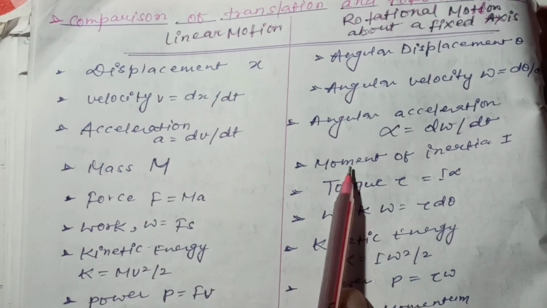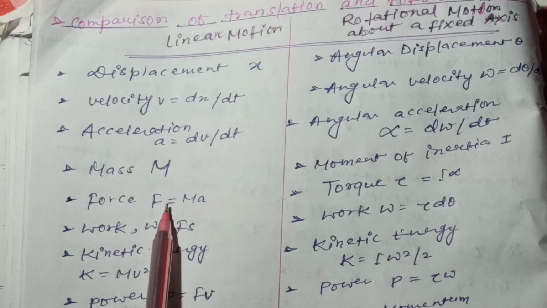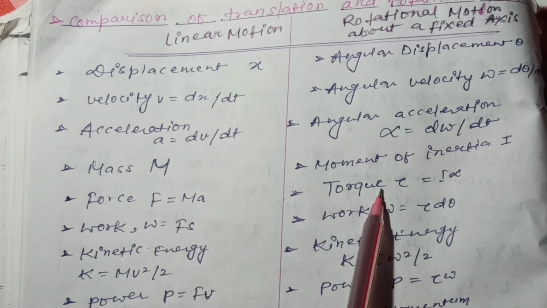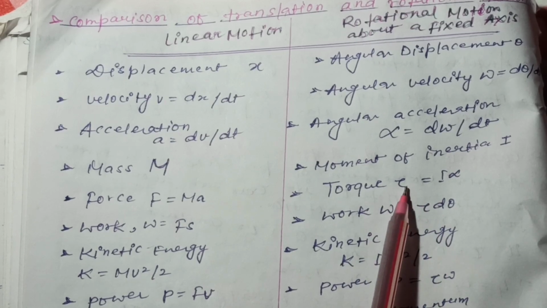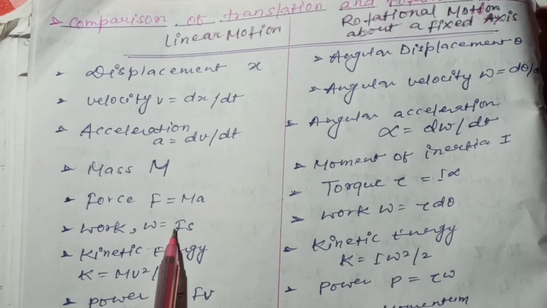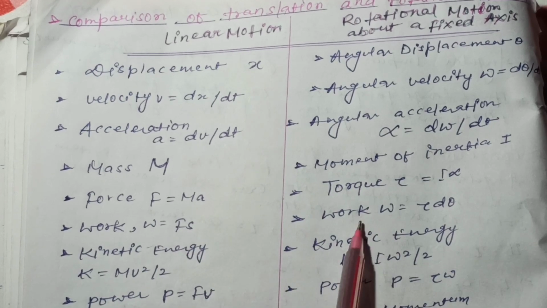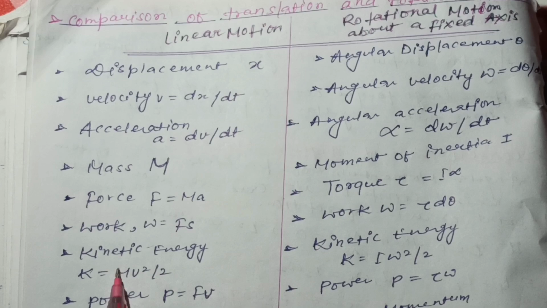Mass m, moment of inertia I. Force F is equal to ma, torque is equal to I alpha. Work W is equal to Fs, work W is equal to torque times delta theta.